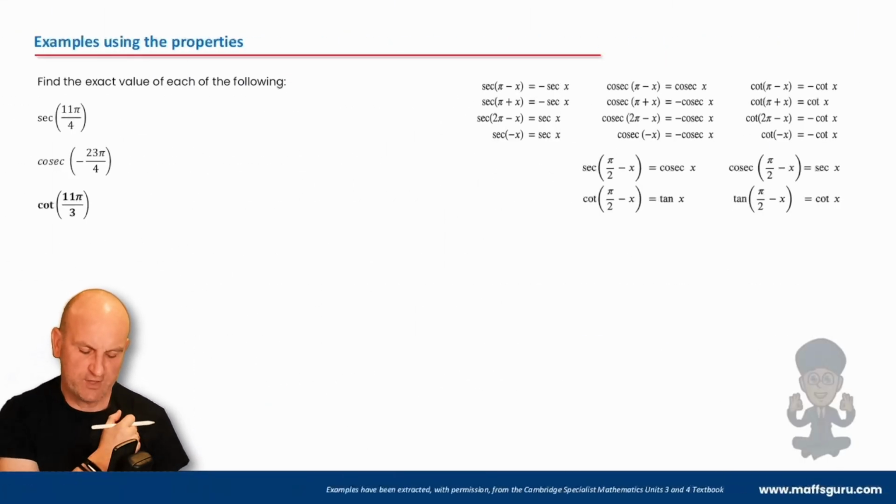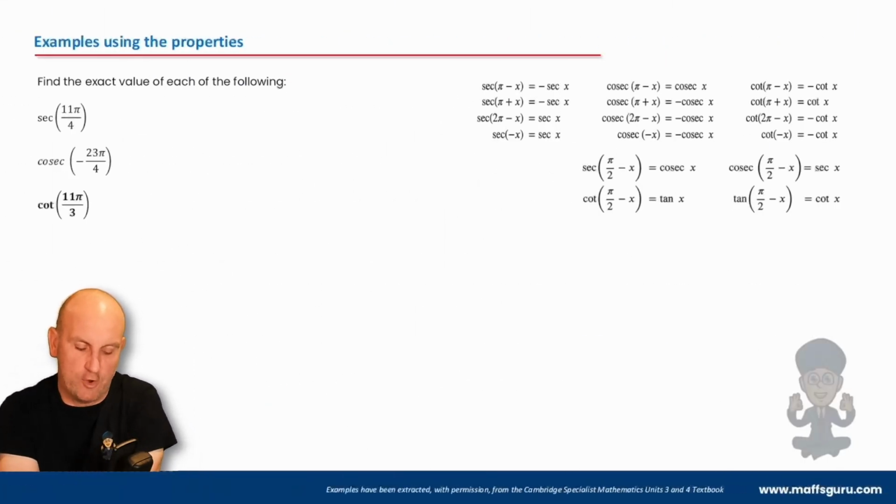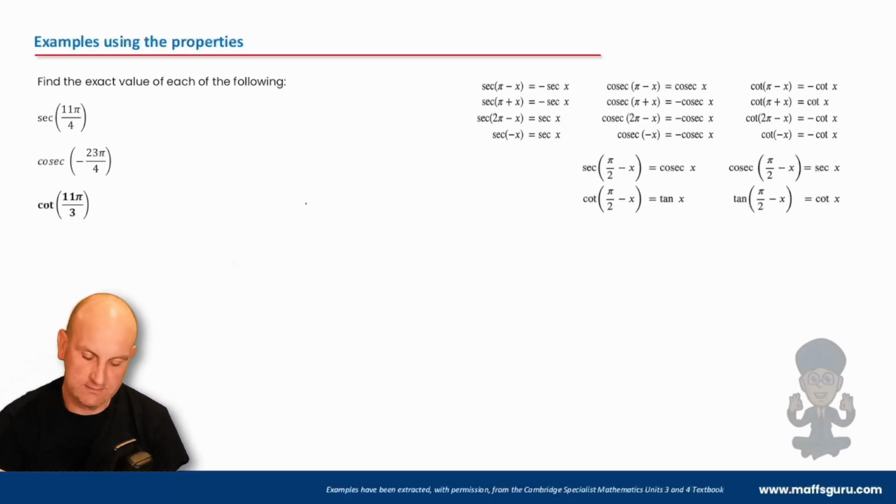What about this one? The cot of 11 pi on 3. Now, cot is tan. Tan repeats every pi. So we're looking at multiples of 3: 3, 6, 9, 12. Don't know 2 pi on 3 particularly well.